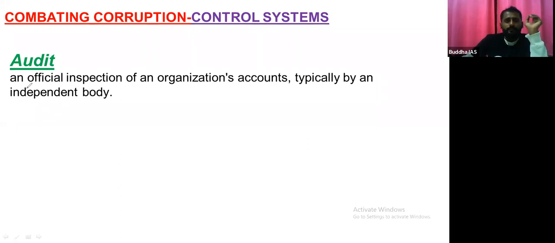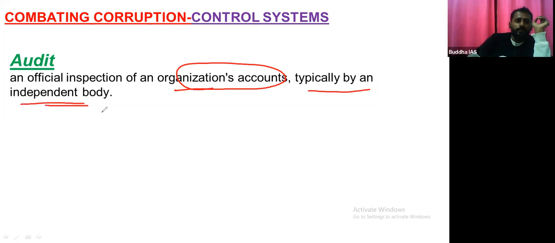Audit: an official inspection of an organization's accounts, typically by an independent body. So what does audit in its simplest form mean? In simplest form, audit means inspection of the accounts.